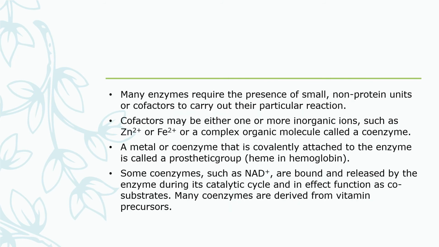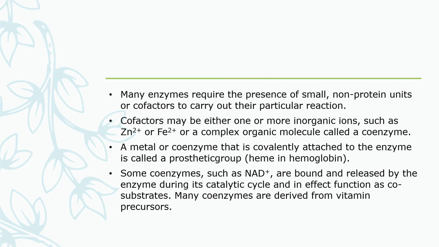Many enzymes require the presence of small non-protein units or cofactors to carry out their particular reaction. So this topic is cofactor. Cofactor may be either one or more inorganic ions such as zinc ions, ferrous ions, or a complex organic molecule called a coenzyme.